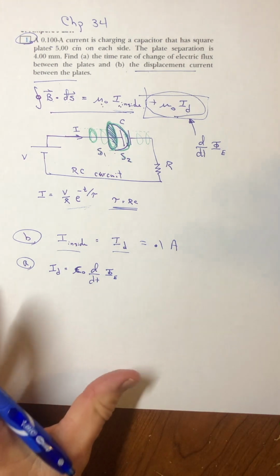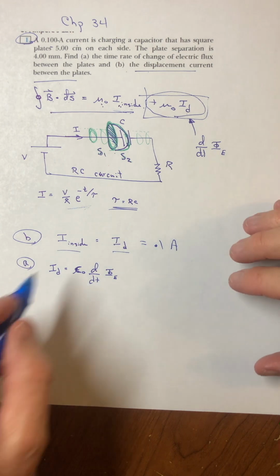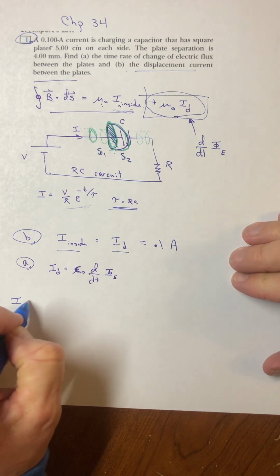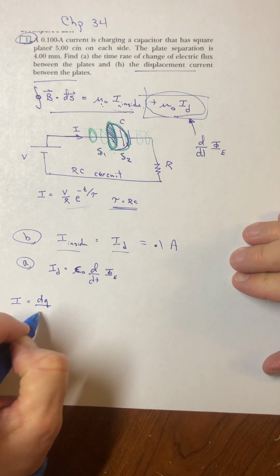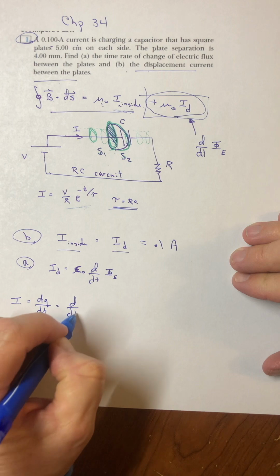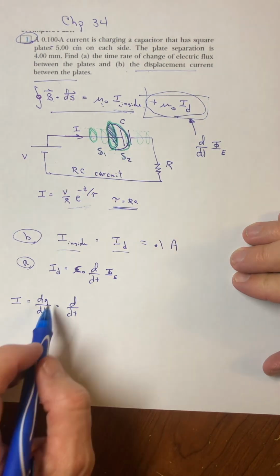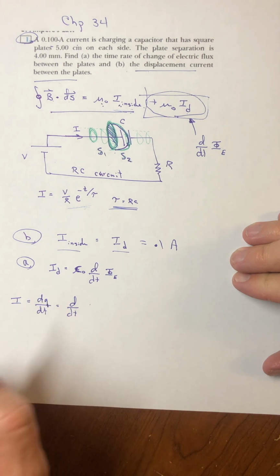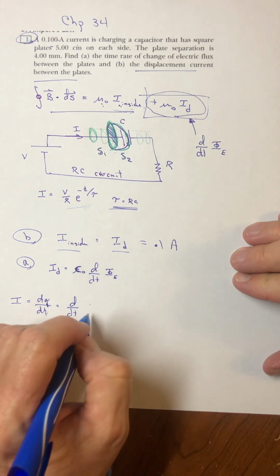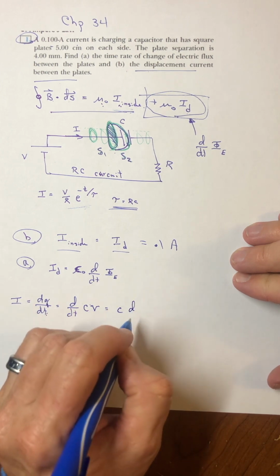And if you let me do a little mini lecture again, he kind of argues it this way, that the conventional current, I conventional, is dq dt, and the Q, as it flows through the wire, would also be the Q that goes on the capacitor. So thinking about the Q and changing Q that goes on the capacitor, we could write it as capacitance times voltage.